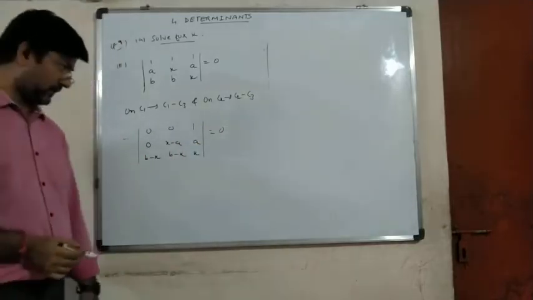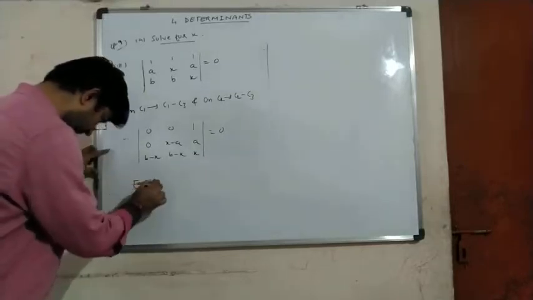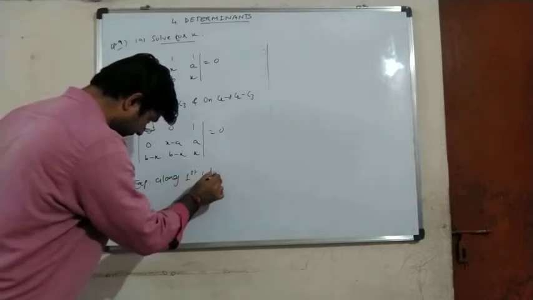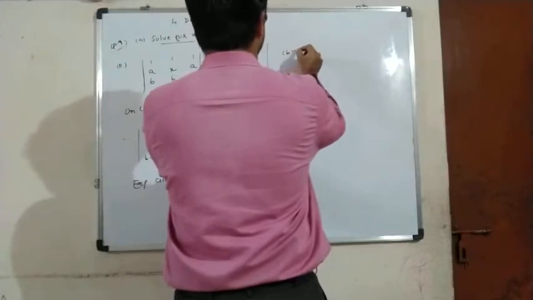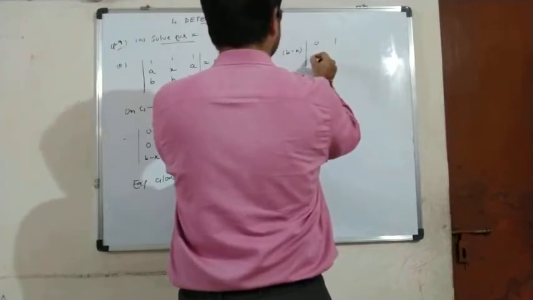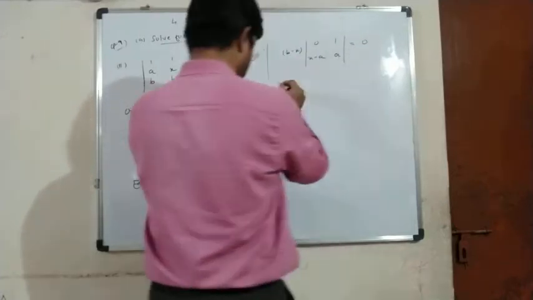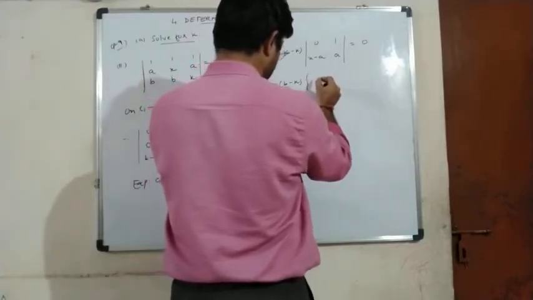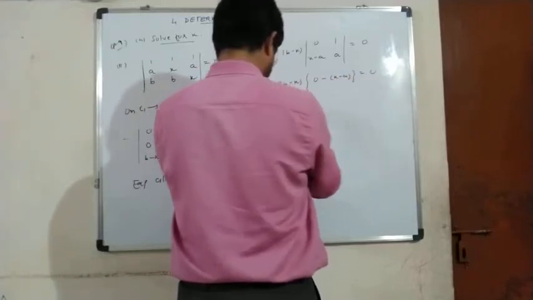So you can now expand along any row or any column. I will expand along the first column. So expanding along the first column, we have b minus x into the determinant 0, 1, x minus a and a equal to 0. Therefore b minus x into 0 minus x minus a equal to 0.